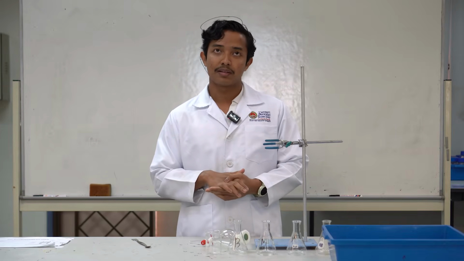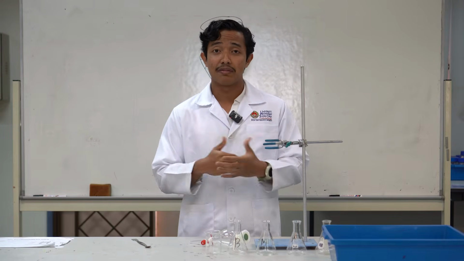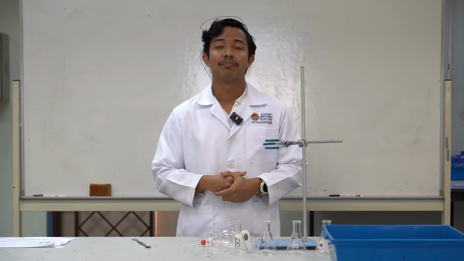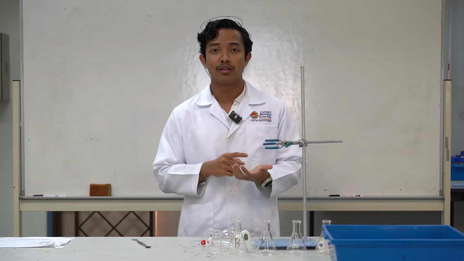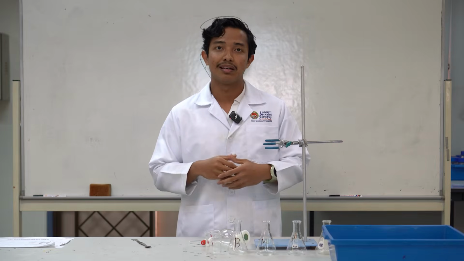And the third example is in the food industry. I believe that some of us have heard about decaf coffee or decaf tea. In order to make decaf coffee or decaf tea, we need to separate the caffeine from the coffee without disturbing the flavor.